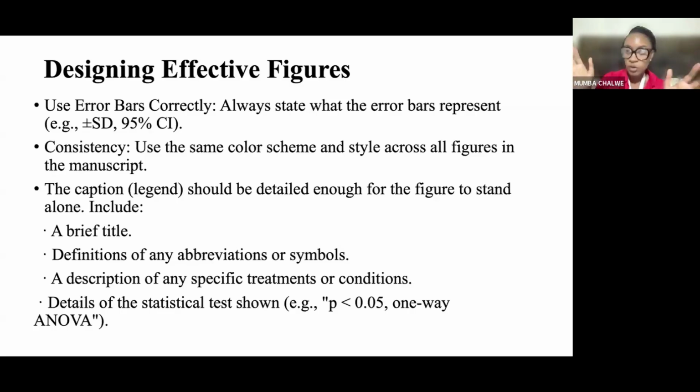They were separated by XYZ, and you just include what you did exactly. Not what you did as in methods, but just specific, and include the details of the statistical test. Is it a one-way ANOVA? What is it? What did you do? What is it exactly that we're looking at?